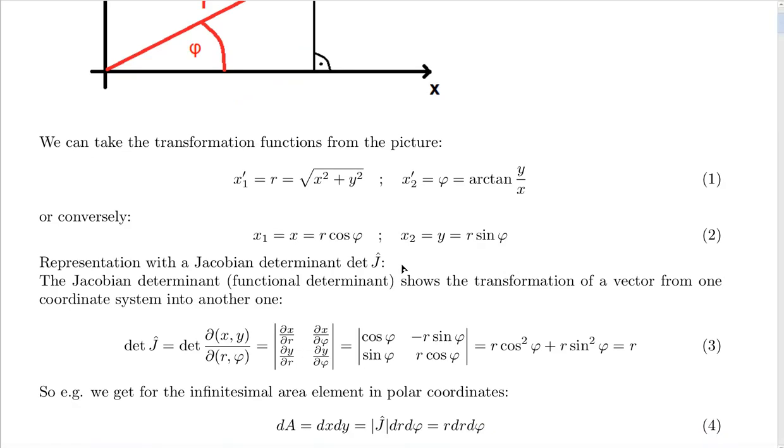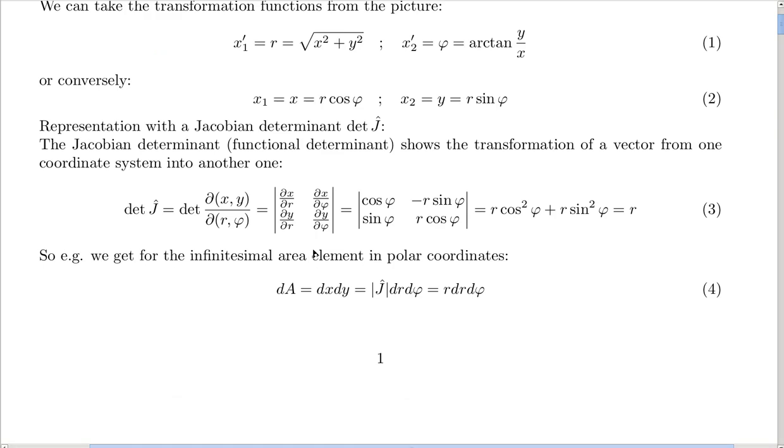To characterize a transformation, we use a Jacobian determinant, J, or it's also called a functional determinant. And it shows the transformation of a vector from one coordinate system into another one.